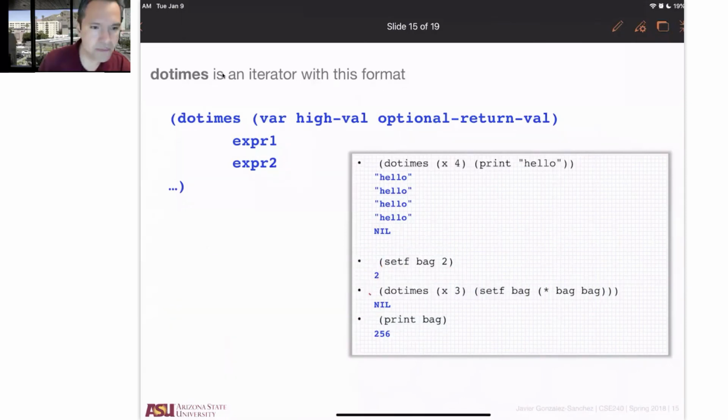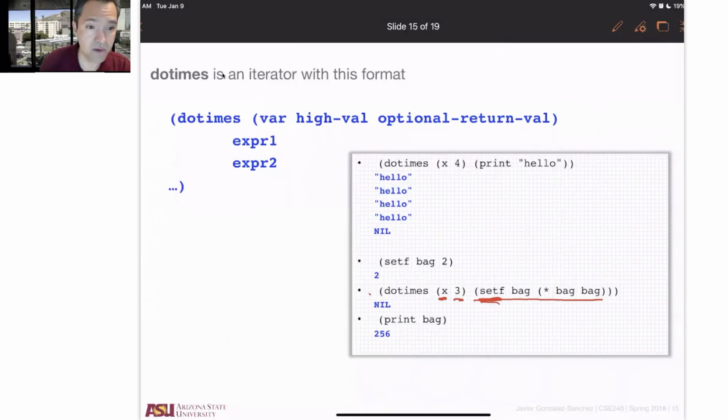So dotimes, I want to create a for loop. The for loop, the variable that I'm going to be using, the name is x. How many times do I want to run the loop? 3 times. What do I want to do inside of the loop? This instruction. Setf again. Yeah.